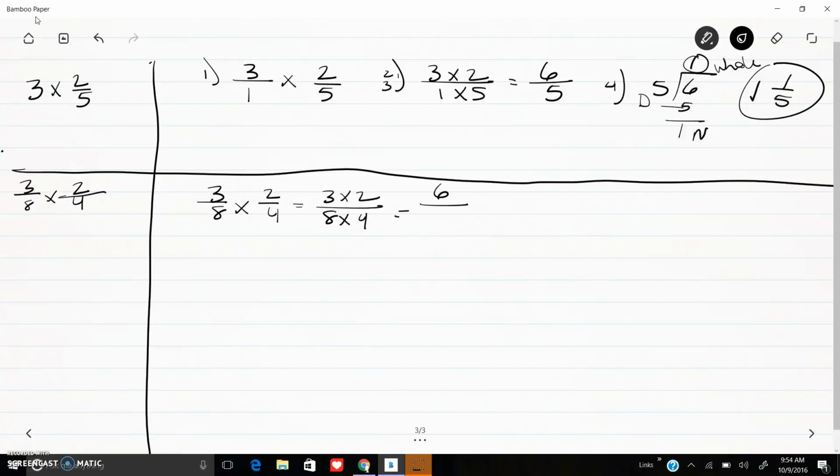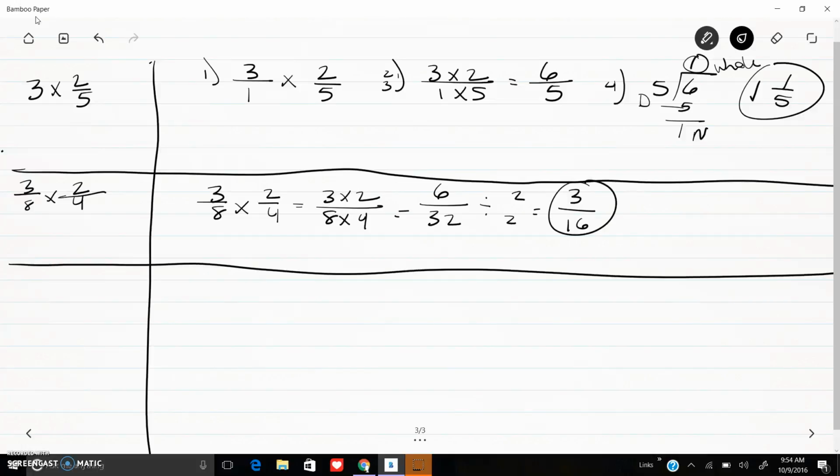So 3 times 2 is 6, 8 times 4 is 32. I can simplify that. So my step 3 or 4 would be simplify. 6 and 32 can both be divided by 2. 6 divided by 2 is 3. 32 divided by 2 is 16. And I can't make that any smaller, so it's 3/16.